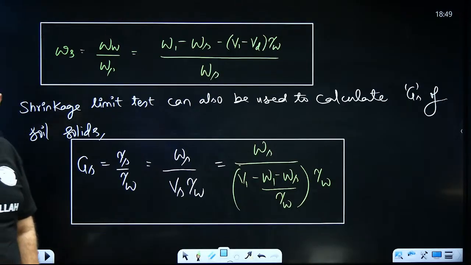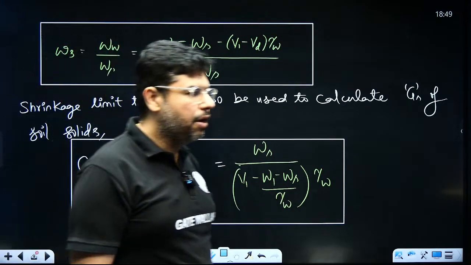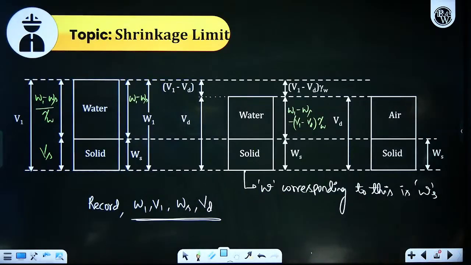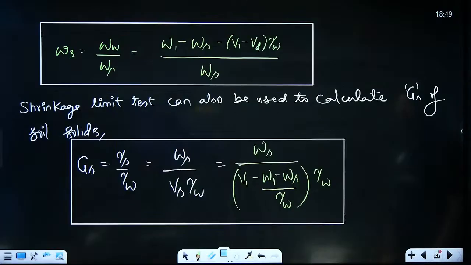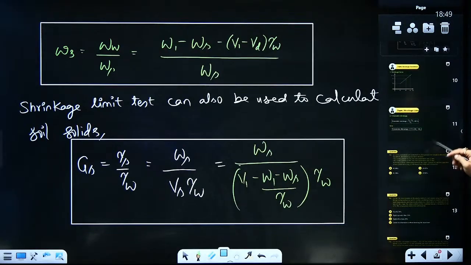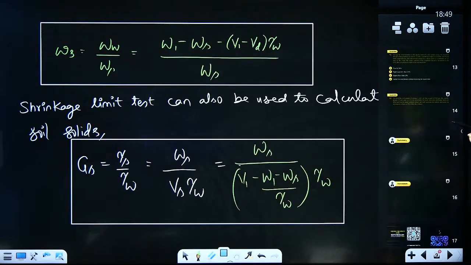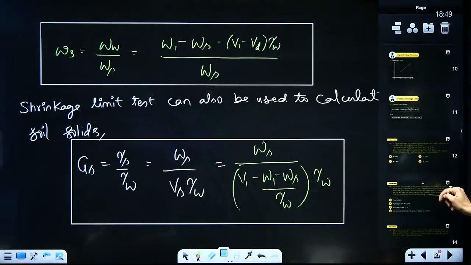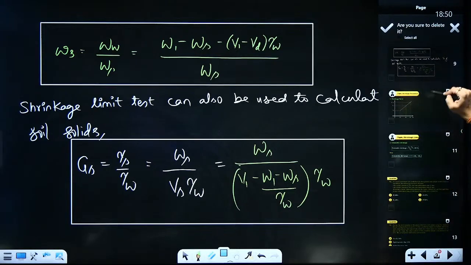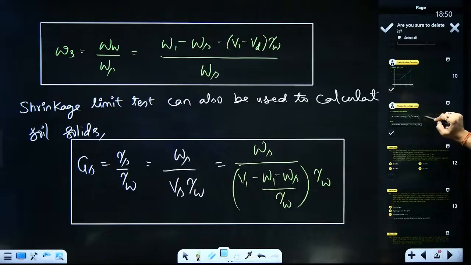Very simple. Okay, my dear friends, any doubts till here? So, this is my shrinkage limit test, and this is how we will calculate the shrinkage limit of the soil, and using this test we can also find out the GS of soil solids. Okay. Let's proceed further now.